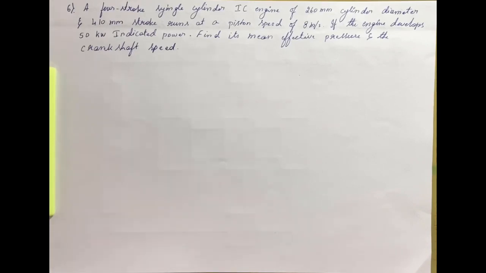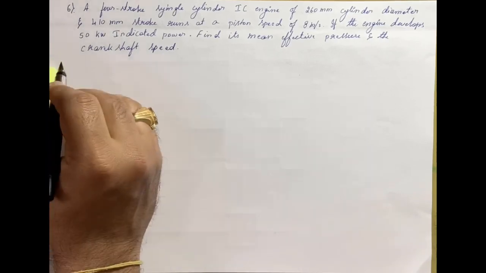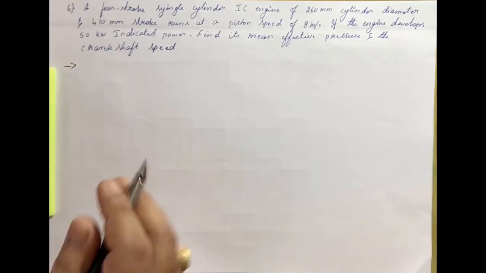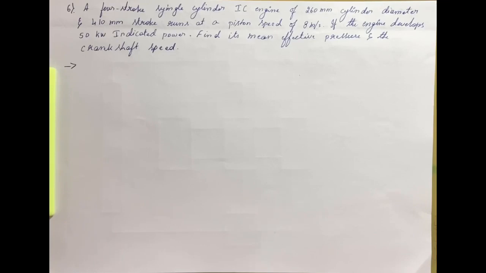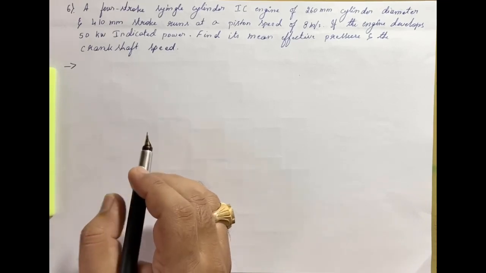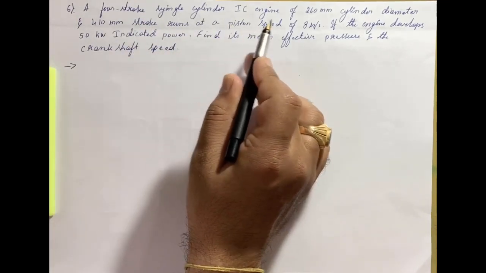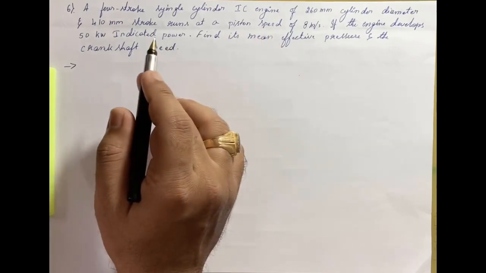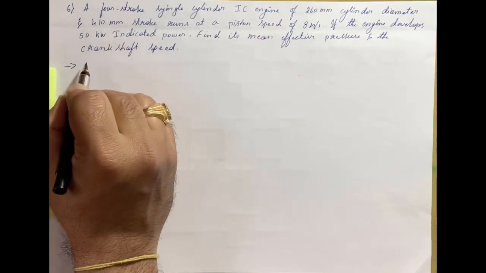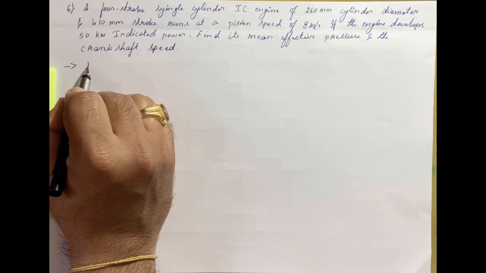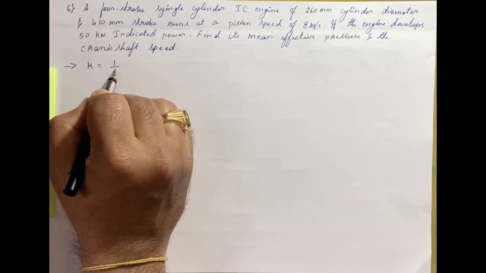Next question. A four-stroke single cylinder IC engine of 260 mm cylinder diameter. Now he has given the diameter of the cylinder here. When a four-stroke engine is given, always remember K you need to write as half.